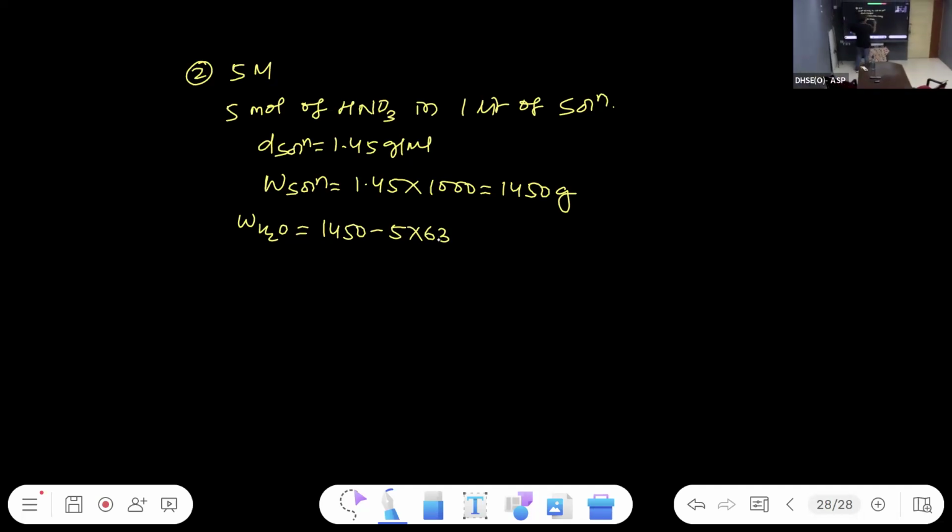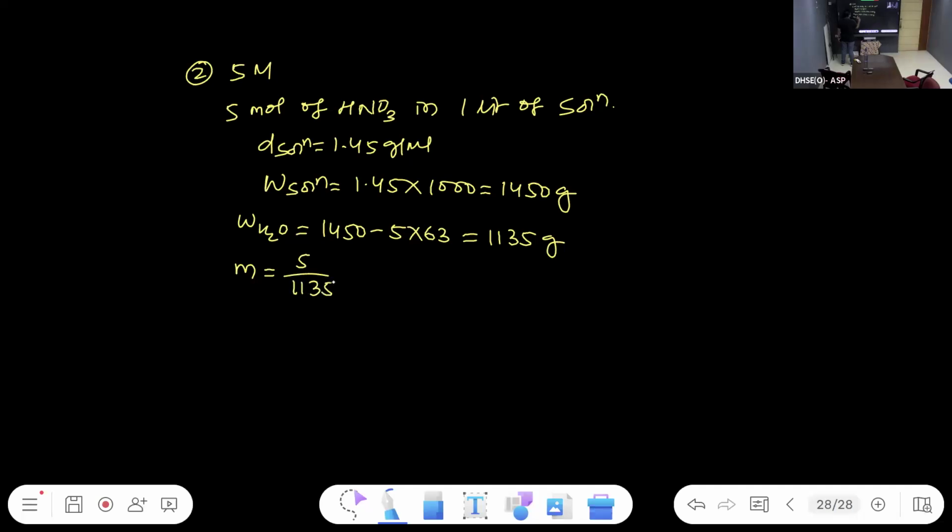It is coming 1135 gram. This is the mass of the solvent. So what is the molality? The number of moles of the solute divided by mass of the solvent in kg.